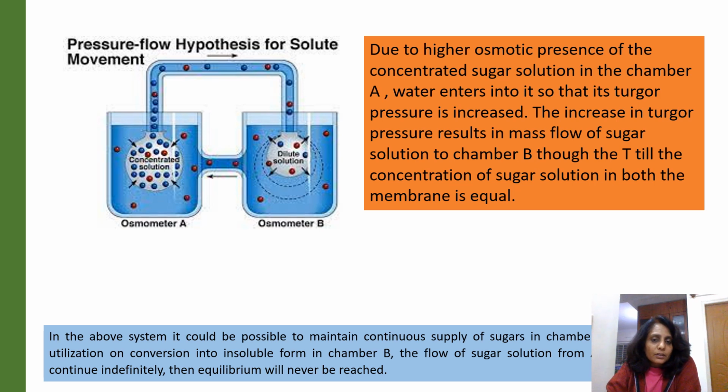But if there is a continuous supply at the end, that is osmometer A, and its removal at B continuously, then the equilibrium will never be reached.